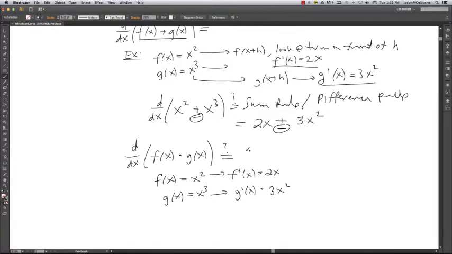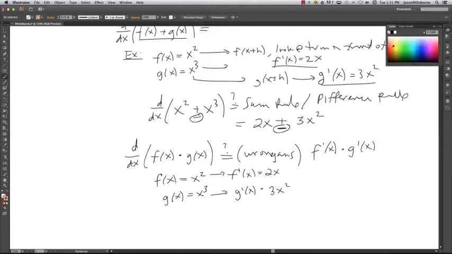What often people do is they put the wrong answer here, and they'll say that the derivative of f of x times g of x is just f prime of x times g prime of x. And this is definitely the wrong answer. Okay?